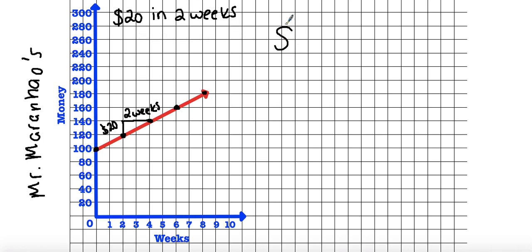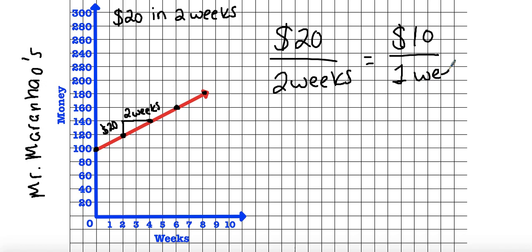So this rate is equal to $10 per week, which is what we talked about when we had y is equal to 10x plus 100. These two rates are equivalent.